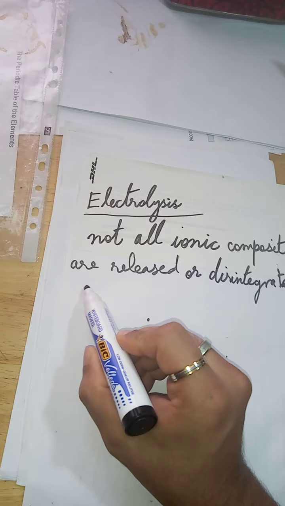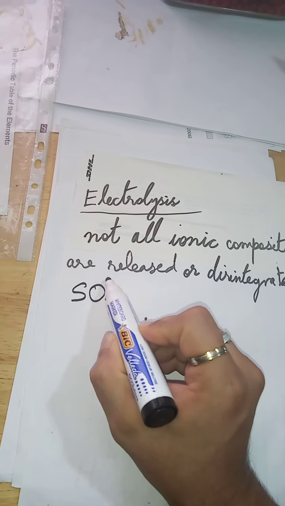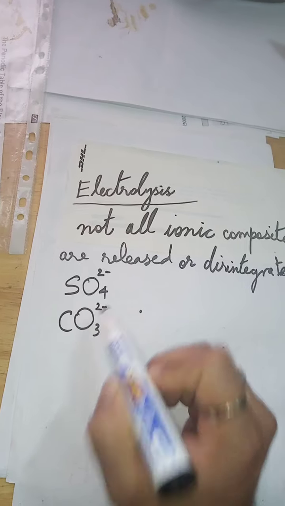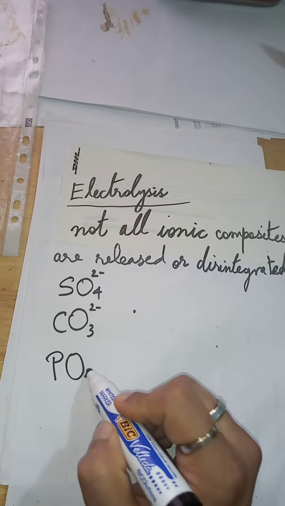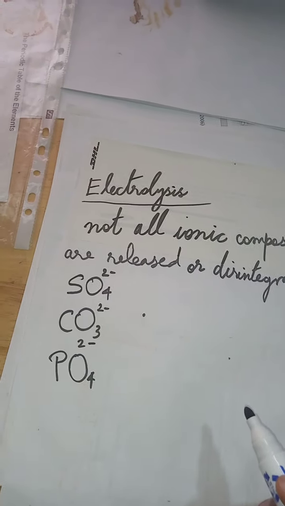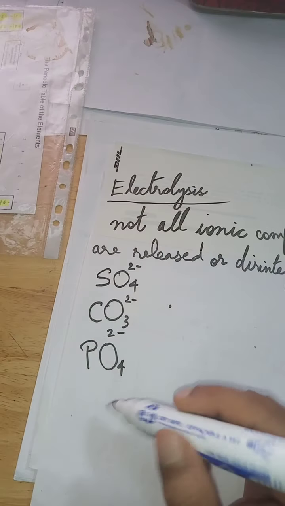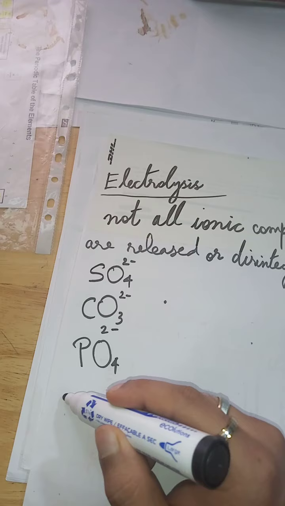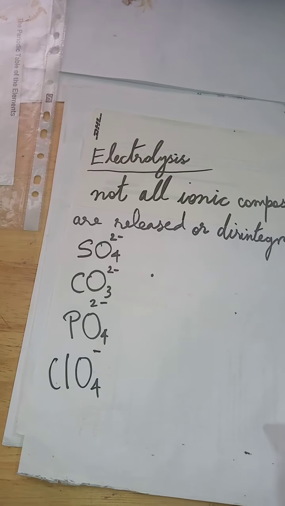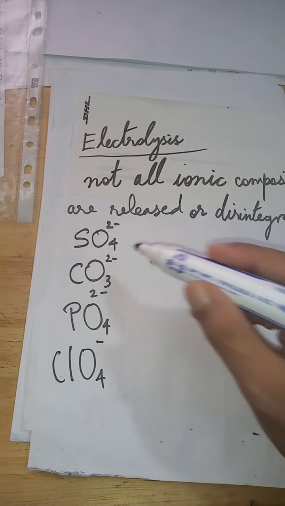So complexes like sulfate, carbonate, phosphate, and also chloride, and you have some other metallic complexes as well that will not be released.